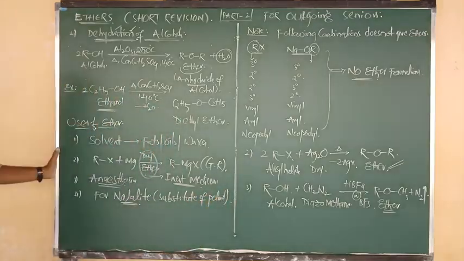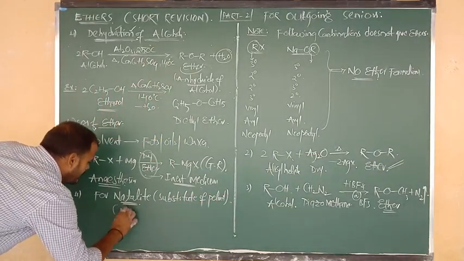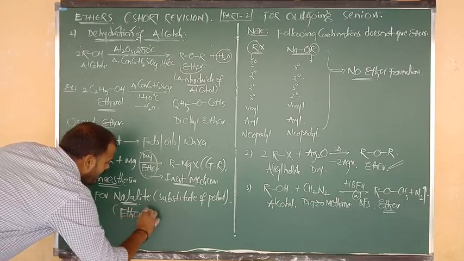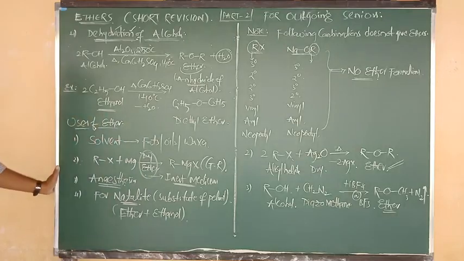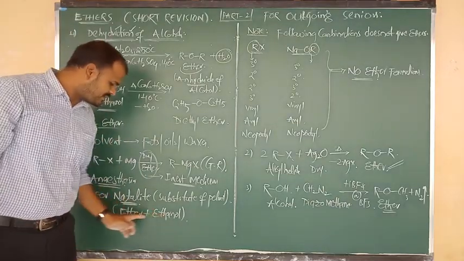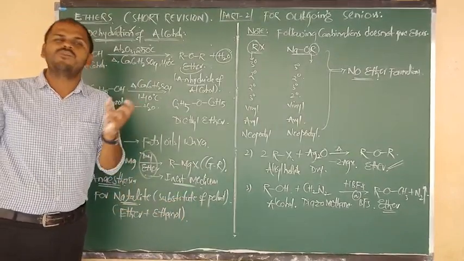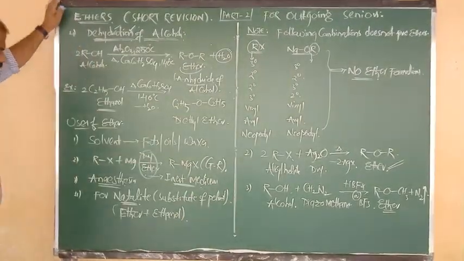So how to prepare such a substitute form of petrol, or natalite? It is prepared by using a mixture of ether and ethanol, or we can say rectified spirit. Ethanol on mixing with ether, that mixture acts as natalite, nothing but a substitute form of petrol. And these are some uses of what, beta? Ethers.